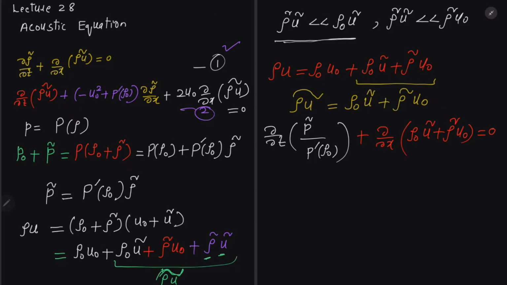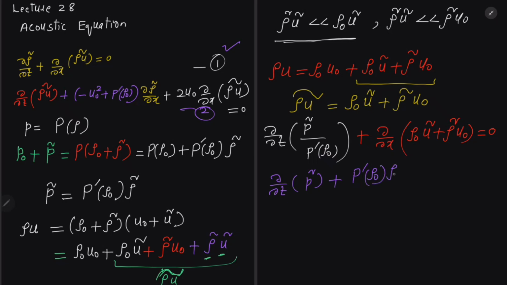We multiply this equation with p dash rho naught since it is just a constant: partial by partial t p tilde plus p dash rho naught. I'm sorry, p dash is a function of rho naught.